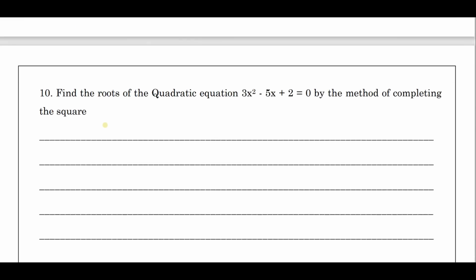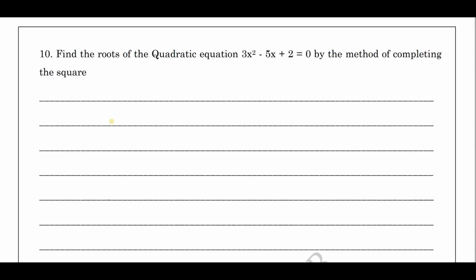Find the roots of the quadratic equation 3x square minus 5x plus 2 equals 0 by the method of completing the square. This question has been repeated in the model paper as well as in the preparatory paper, right? Dear students, you should learn the model paper, and the pattern will be similar.